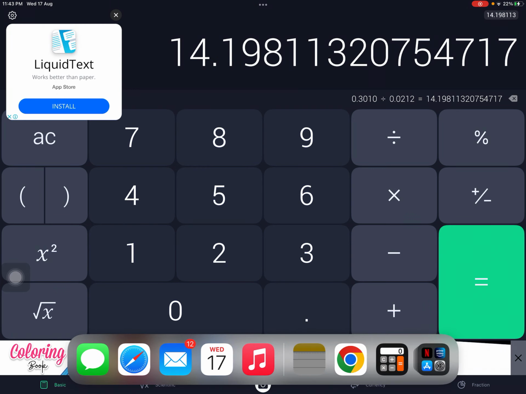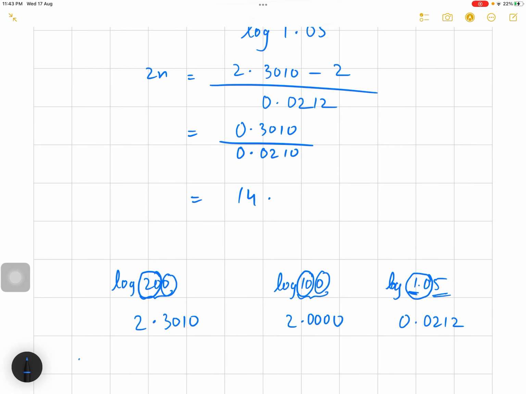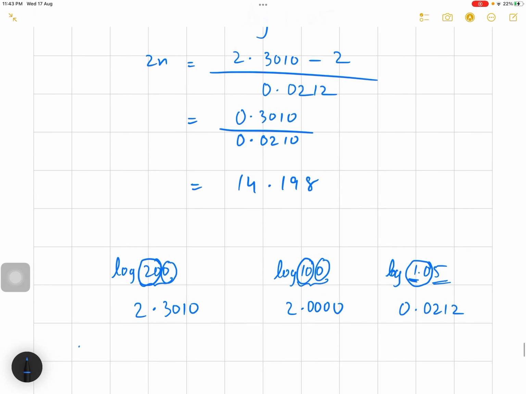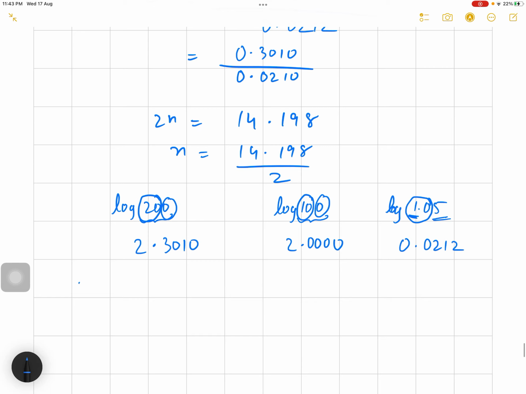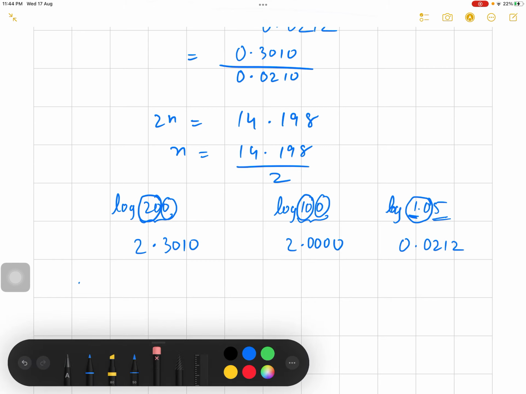It comes to 14.198. Here 2n is equal to 14.198, so n is equal to 14.198 divided by 2.